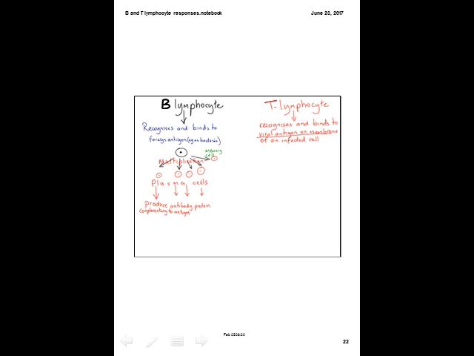And again, there's a process of recognition here. So the T lymphocyte recognizes and binds to the viral antigen. In other words, the distinctive shape of the proteins on the membrane of an infected cell. When a virus infects a body cell, it will usually leave some of its viral protein incorporated in the cell membrane.